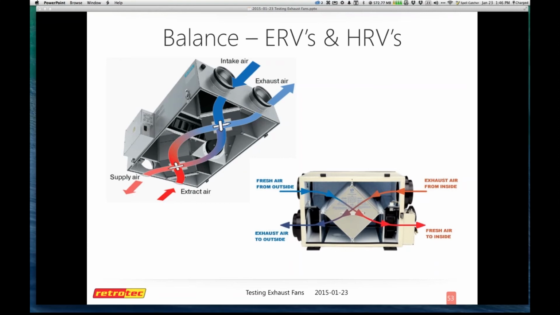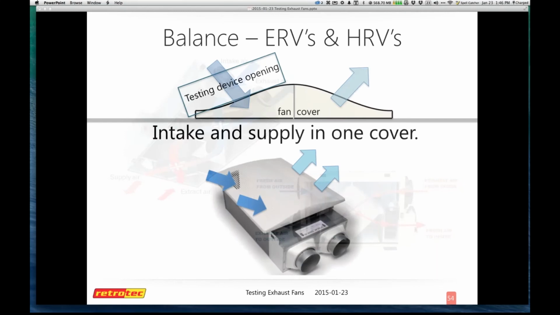Most people are testing the intake, and then they test the exhaust separately to confirm that they're balanced. There are a variety of challenges depending on what your device looks like. Some of them have a fan cover that doesn't connect all the way around or get a good seal.